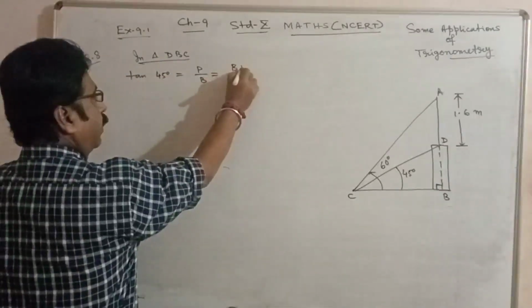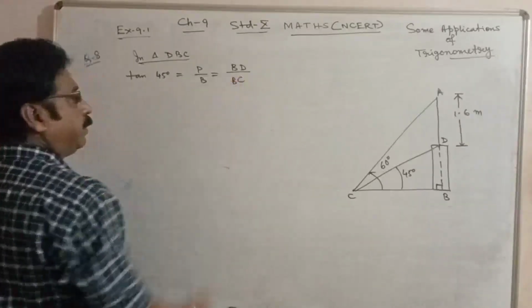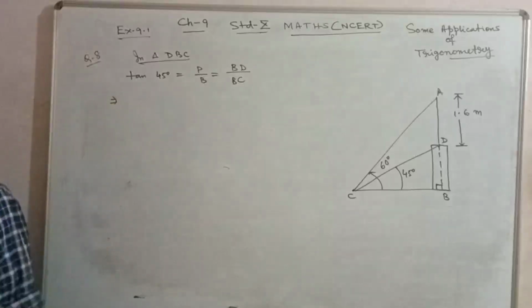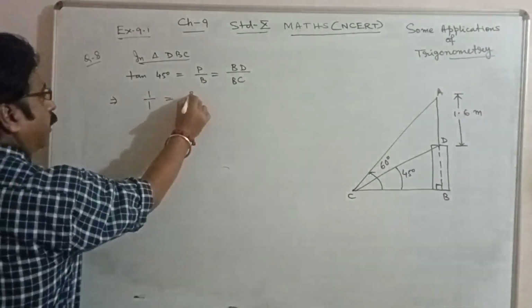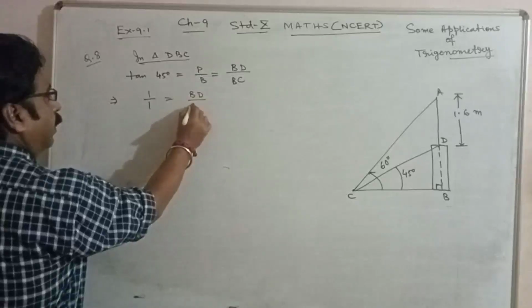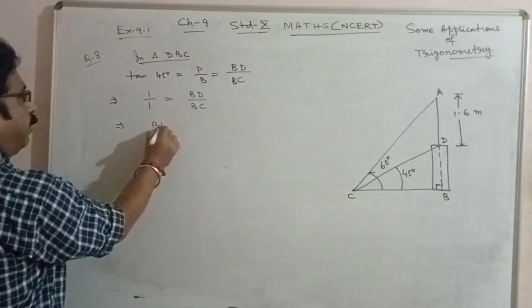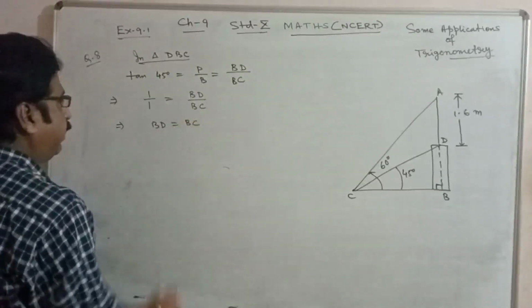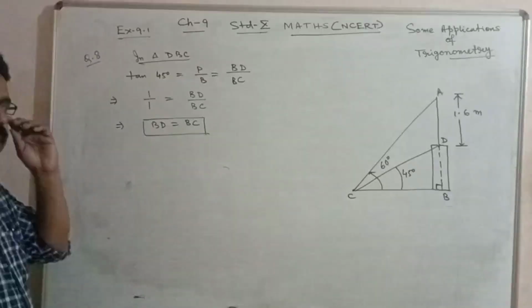BD upon BC. Tan 45 will be 1. We can write 1 upon 1 equals BD upon BC. We can write BD equals BC. This relation we got from the triangle DBC.